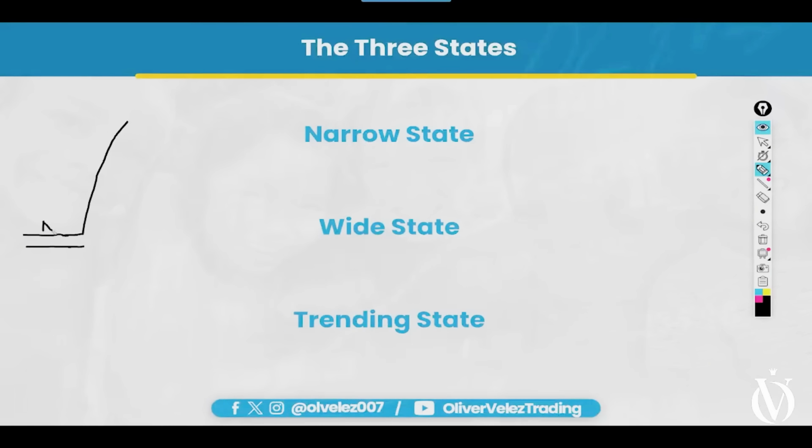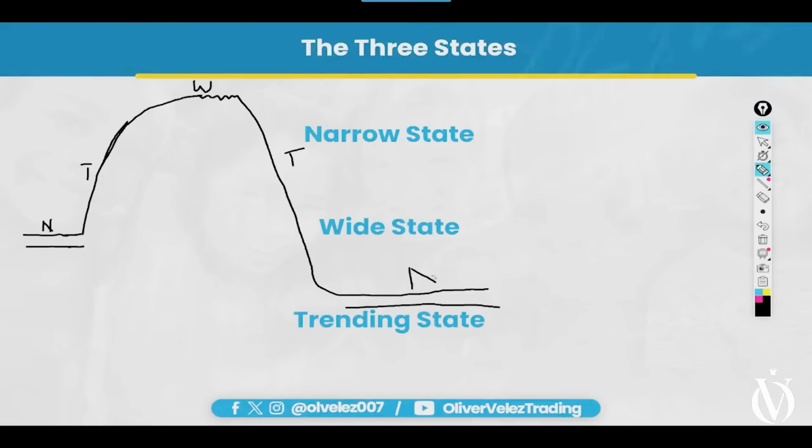So here's narrow. Now we're trending all the way until we get to wide. From wide, you might begin to drop and start trending again back to narrow. But it might drop and do narrow down here.